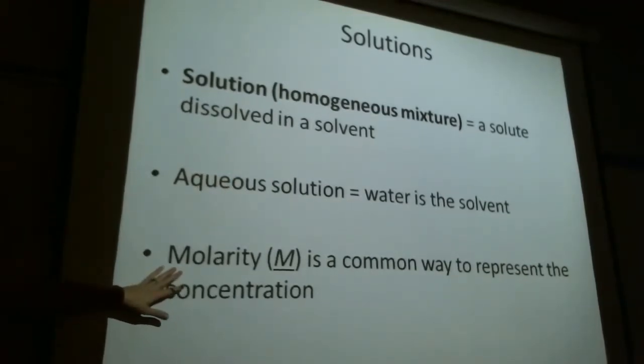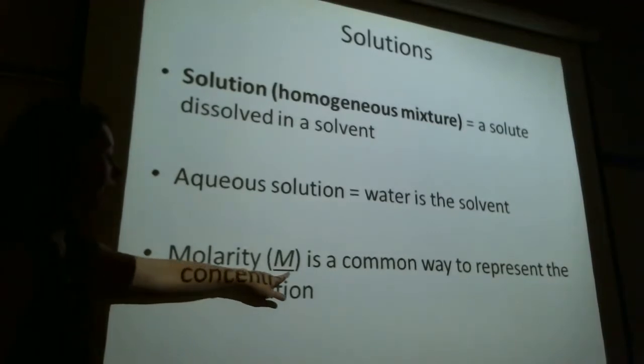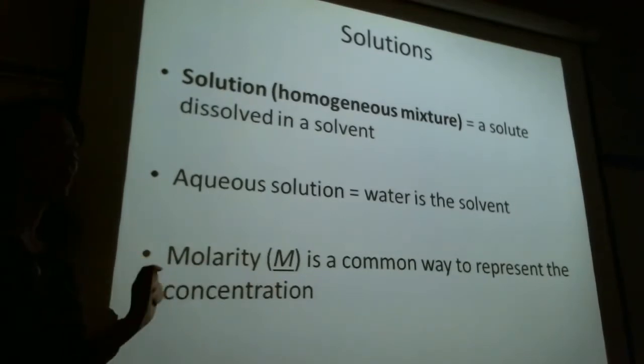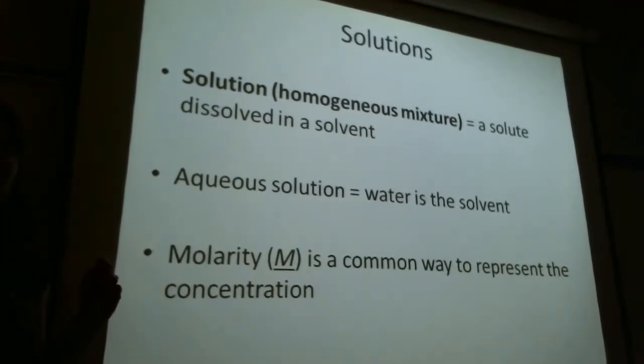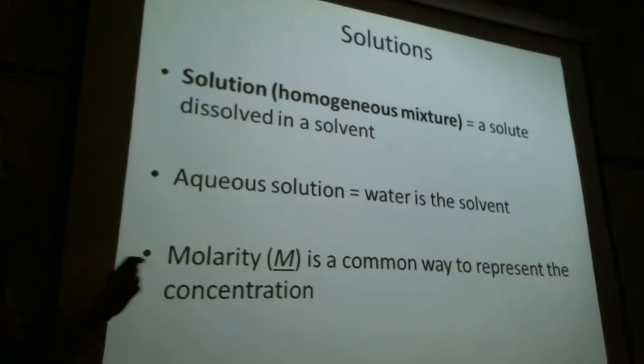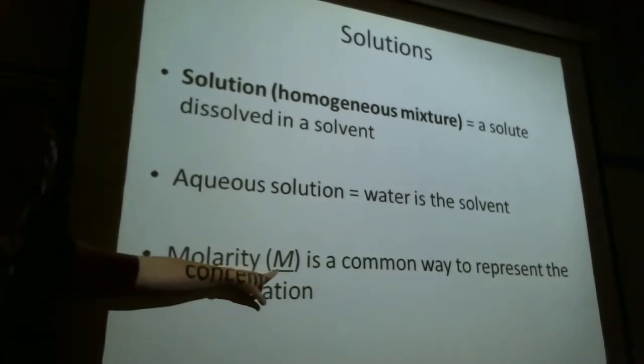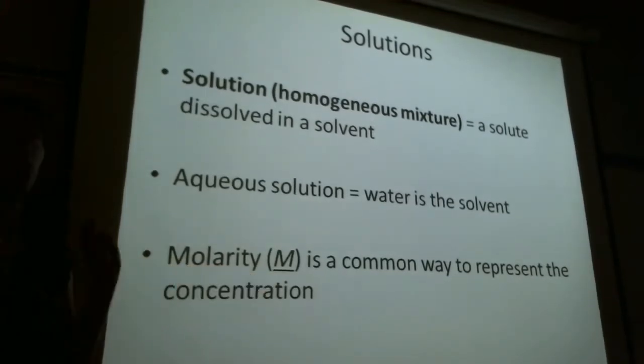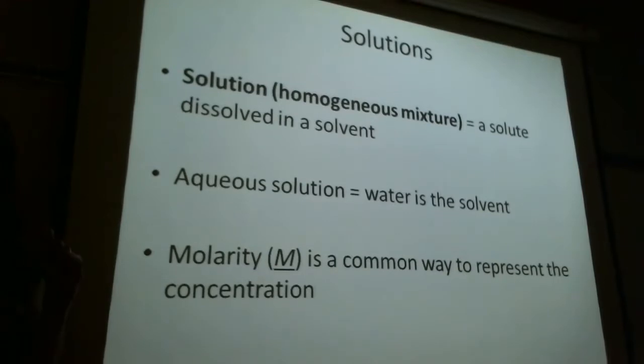And molarity, and I underline this to designate it as being uppercase. I know some people write all their M's kind of rounded on the top, even if they're uppercase. You need to be really careful about how you represent that M, because there is another M. It's called molality, and it's a little m.